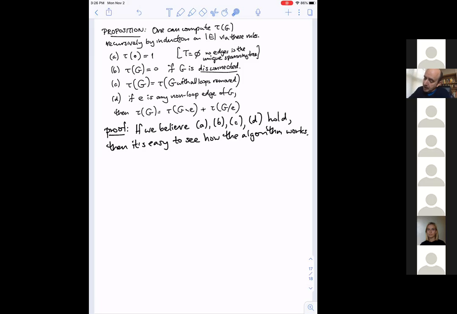And as we said, A, B, and C, these were properties that we already agreed upon, that the number of spanning trees in the graph satisfy. So properties A, B, and C don't really require any further proof.